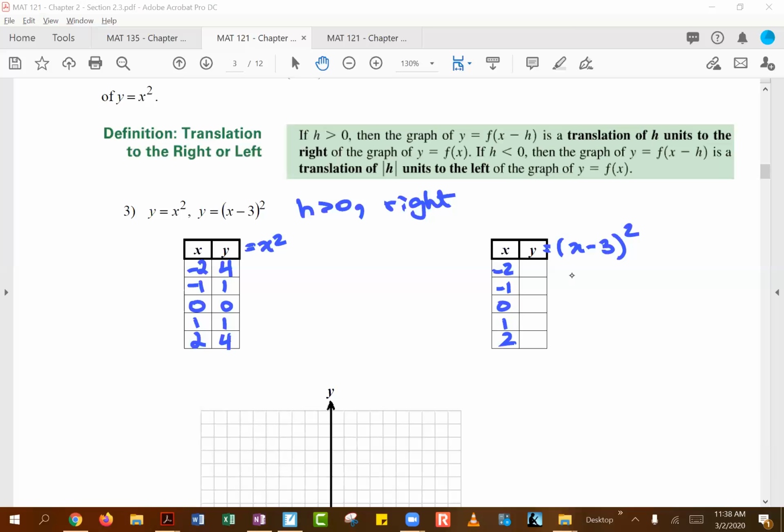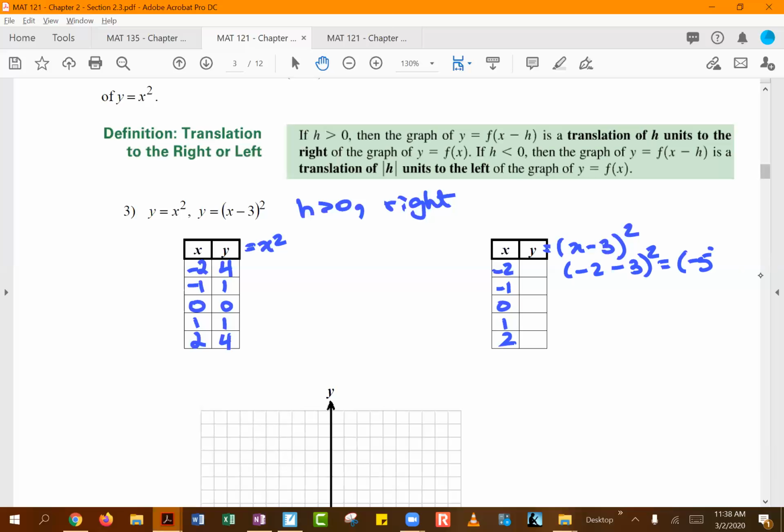Yeah, so you're going to have -2 minus 3 squared, which will become -5 squared, which becomes positive 25. Because you're putting in -2 for the x, right? So -2 minus 3, and then square that whole thing.